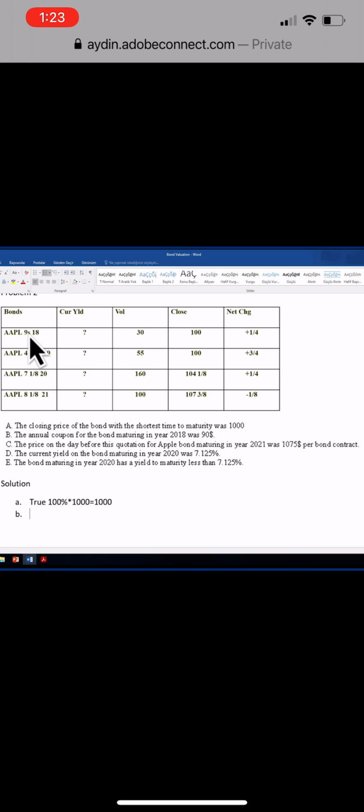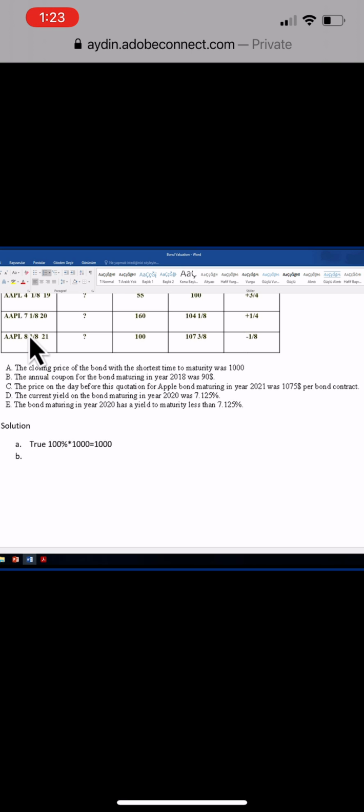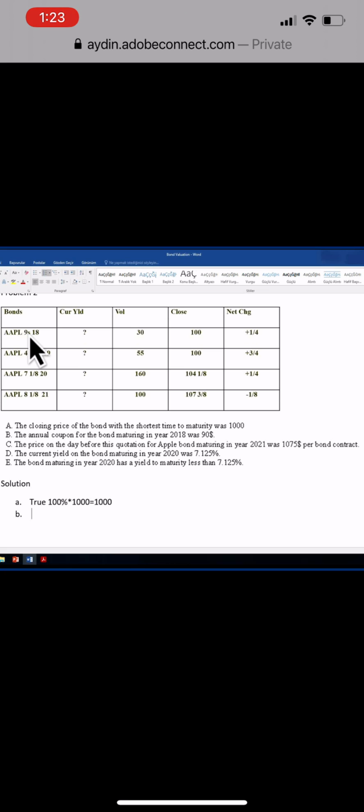Here we have nines, indicating that it's 9% out of the face value. So this is 9% of the face value. It's 90. So is it correct? Yes, it is correct.